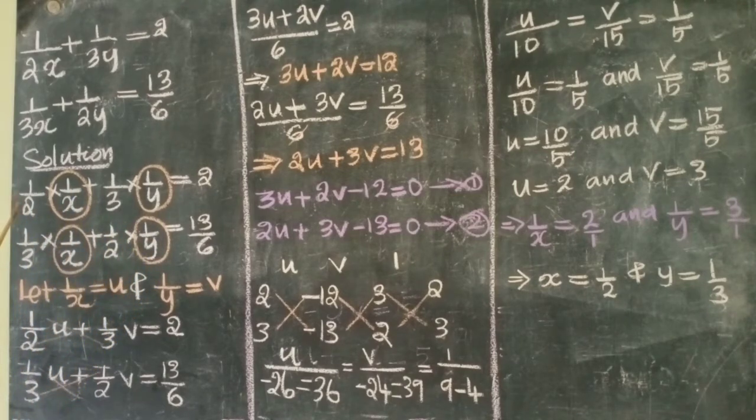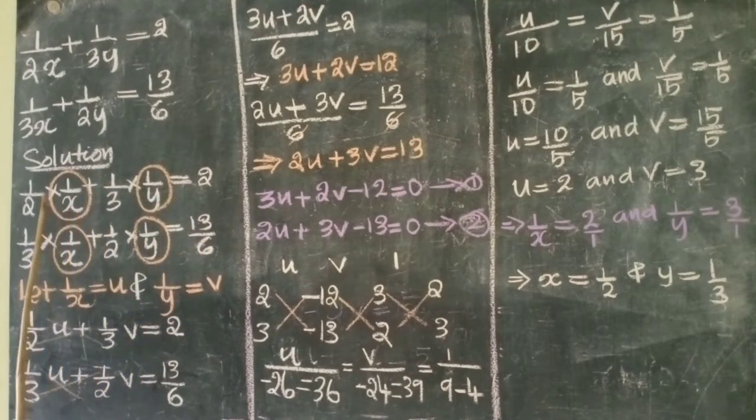So the equations become 1 by 2 into 1 by x plus 1 by 3 into 1 by y equal to 2, and 1 by 3 into 1 by x plus 1 by 2 into 1 by y equal to 13 by 6.